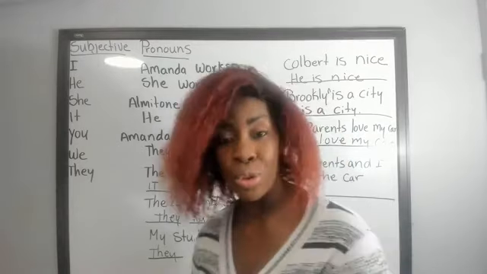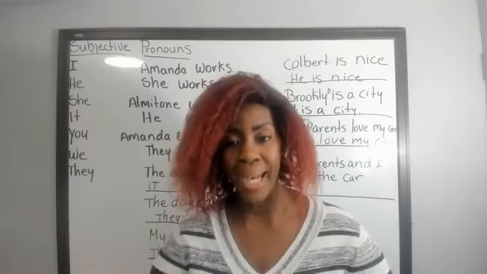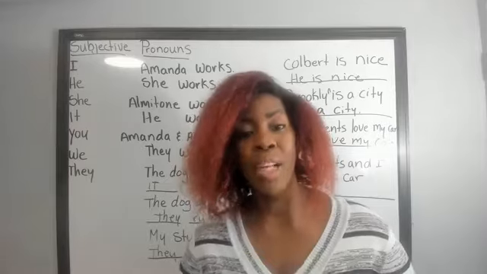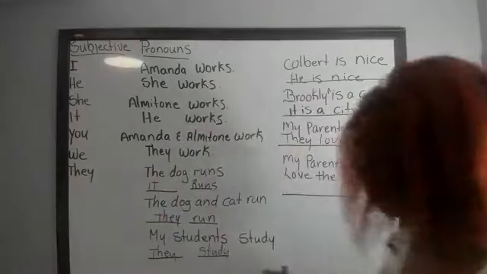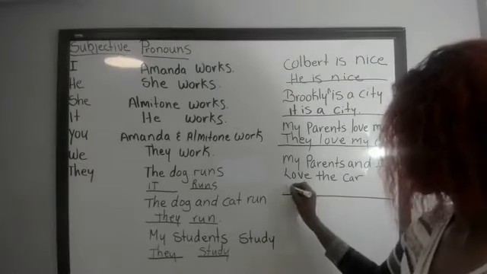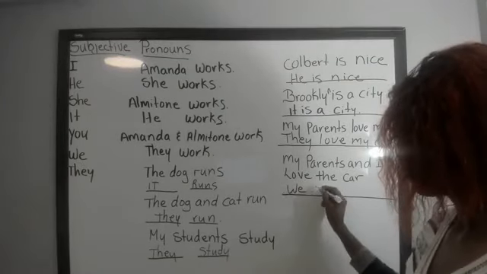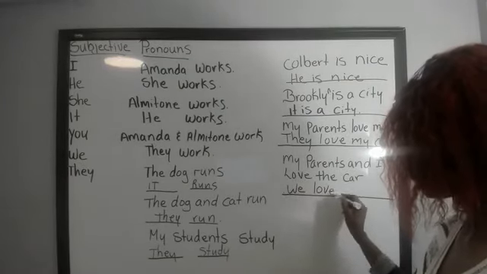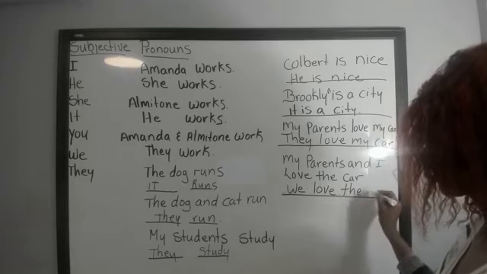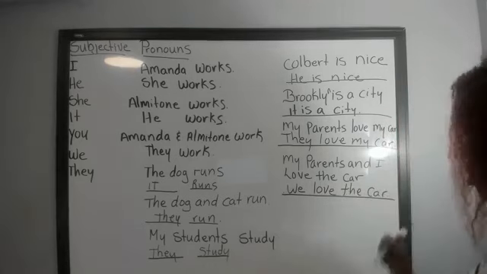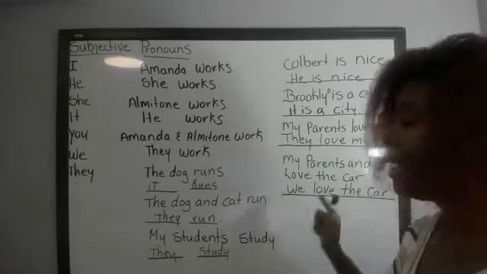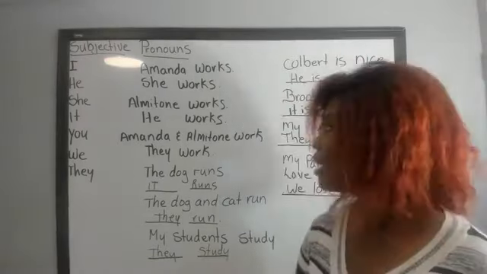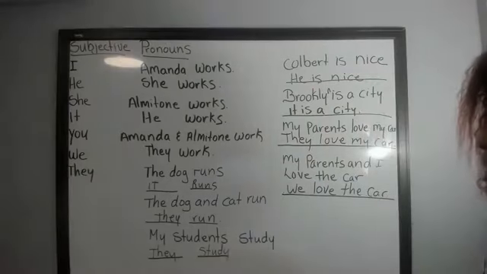I can use the word we if I'm talking about myself and someone else, or myself and you included. So we love the car. So who are we? My parents and I. All right? This is subjective pronouns.